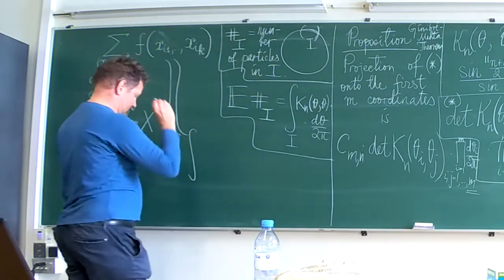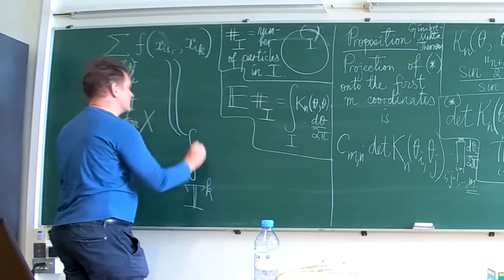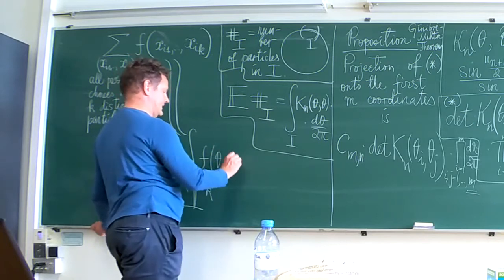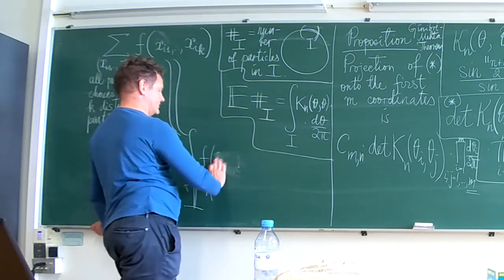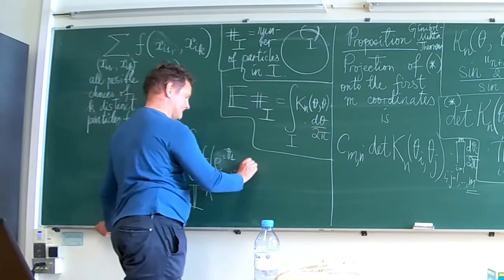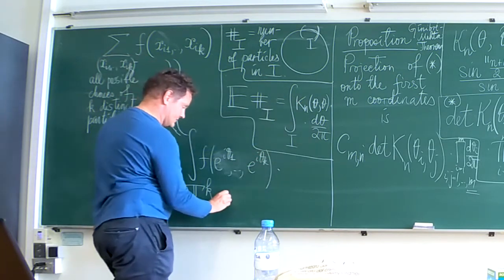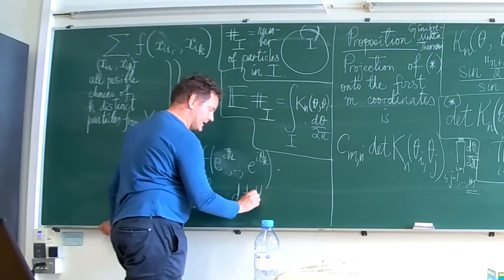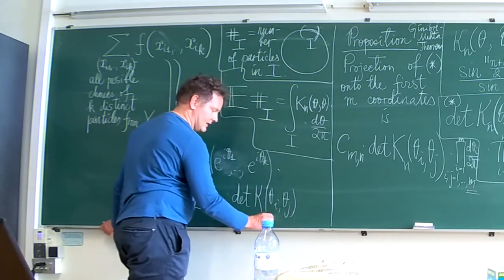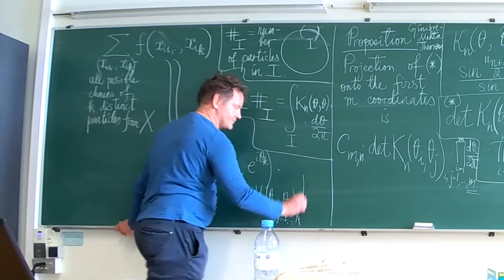Okay, so this is equal to the integral over the k dimension first, so we'll start with k, f of x_1 through x_k, times precisely the determinant K_n(theta_i, theta_j), i, j from 1 to k, and times the product.